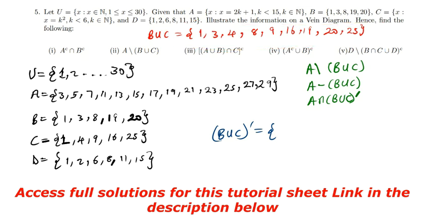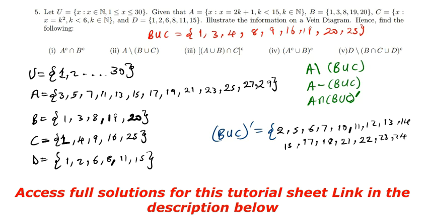So what is missing there? 2 is missing, 3, 4, 5 is missing, 6 and 7 are missing, 10 is missing, then 11, 12, 13, 14, as well as 15, then 16 is there, 17 is missing, 18 is missing, 19 is there, 20 and 21 are missing, 22, 23, 24, 25 is there, then we have 26, all the elements up to 30. So this is our B union C complement.